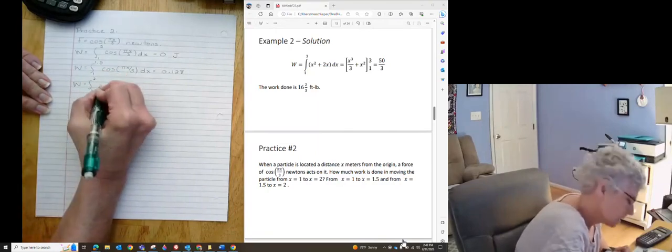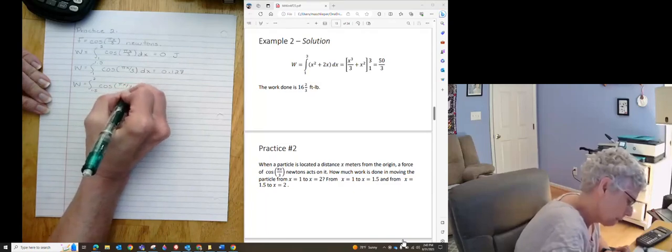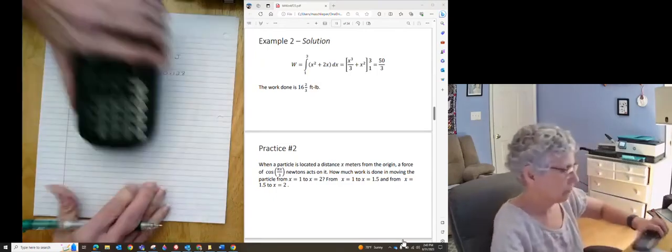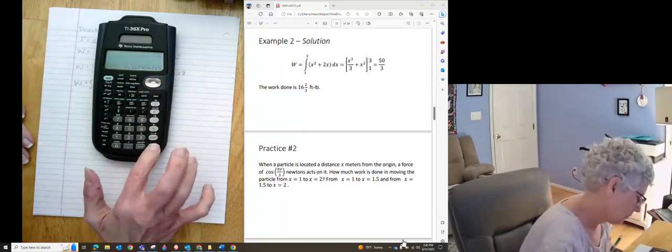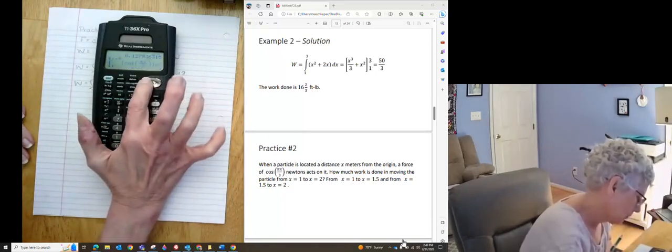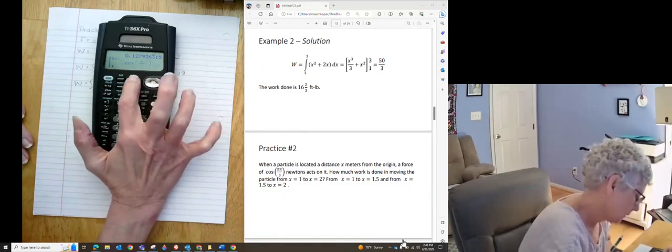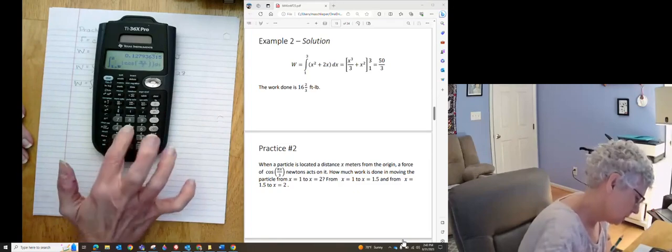Make a prediction. What do you think it's going to be? So I'm going to change this, delete, delete, back to 2, and I'll change this one to 1.5.